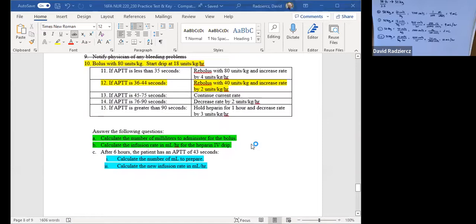On your actual test, you'll only have 2 parts to answer. So it'll either be A and B, or it'll be C1, C2. Most likely it'll be A and B. You need to answer both parts to get the one question correct. So if you miss both parts, you missed only one question.